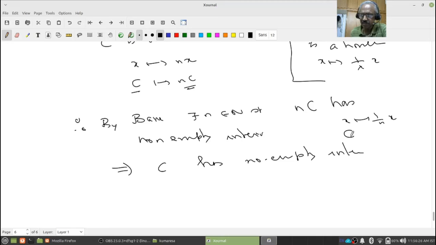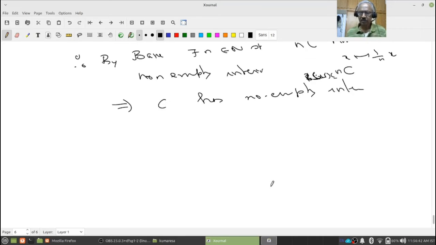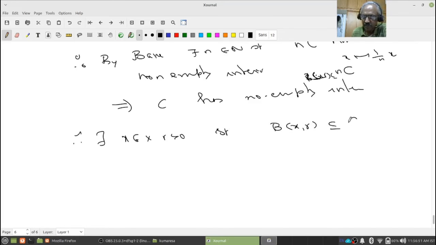So if nC has non-empty interior, that means there exists some ball B(x,r) which is contained in nC, then the scaled ball will also be contained in C. Is that okay? Right. Therefore, there exist x in X and r such that B(x,r) is contained in C. What is C? This is the closure of T(B_X).